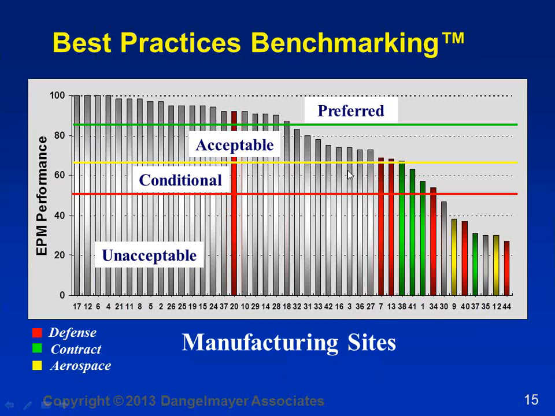Number 3 was company X as an example. And you can see the red bars are defense manufacturing companies. The green bars are contract manufacturing, and we have some aerospace data points here at number 12 and 9.